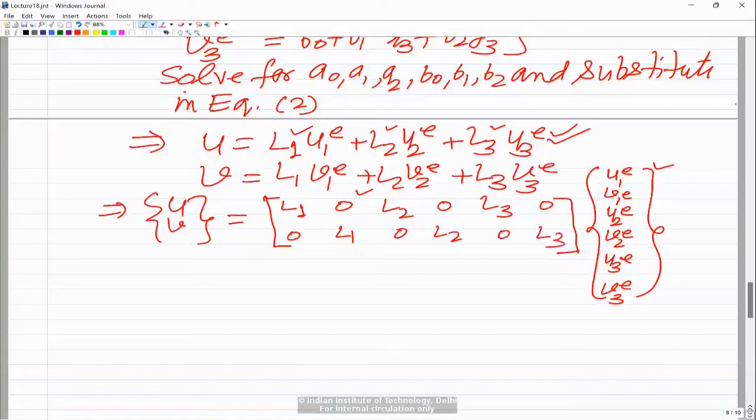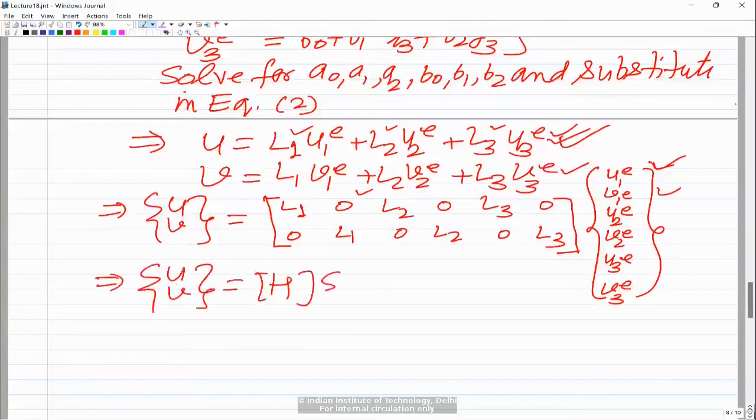If you multiply the first row with the vector of elemental degrees of freedom, you will get this expression. If you multiply the second row with the vector, you will get this expression. So u, v is equal to H into d.